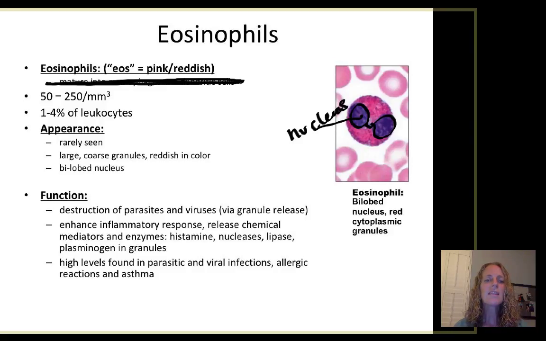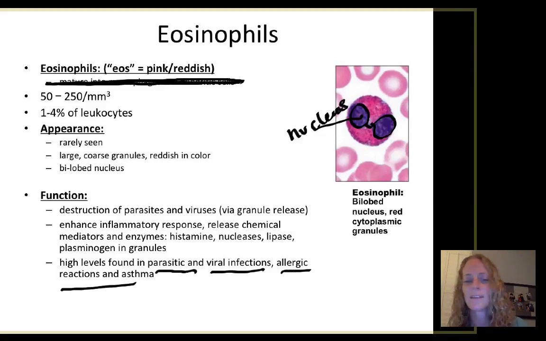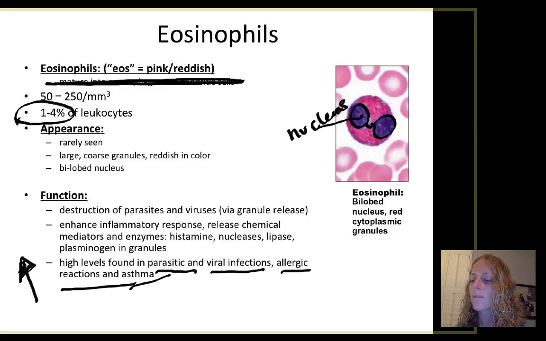You will see the number of eosinophils increase during parasitic, viral infections, and allergic reactions. That includes asthma and other sensitivities. Normally they're only about 1 to 4%, and when you see them increase, you want to think about these potential markers. It could be parasites, a virus, or an allergic reaction.